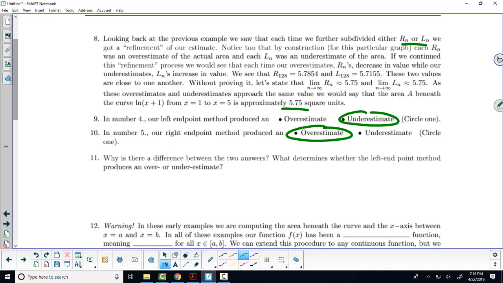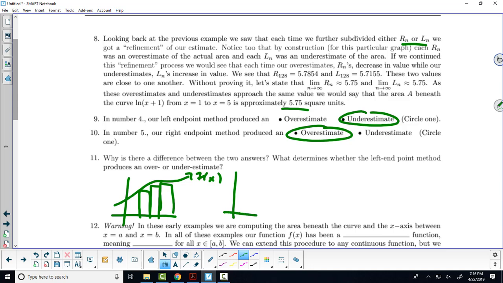I think if your function is increasing, then the left endpoint method will always be an underestimate. If it's a positive function and your function is increasing, then when you do this method, because it's always increasing on that interval, you'll always be underestimating.